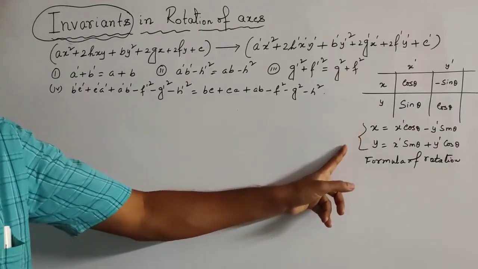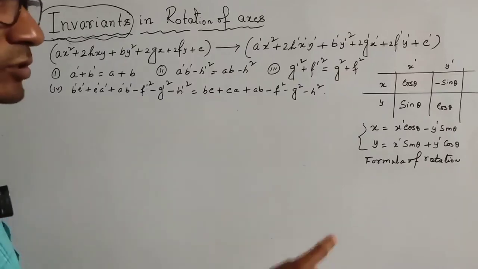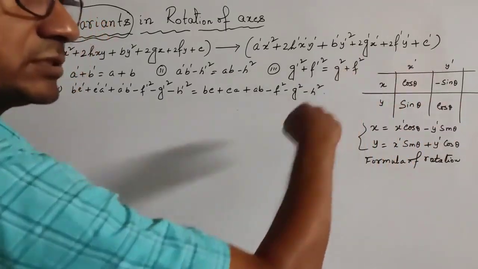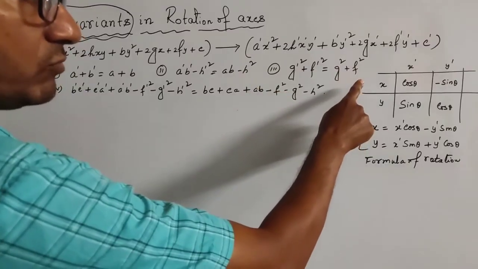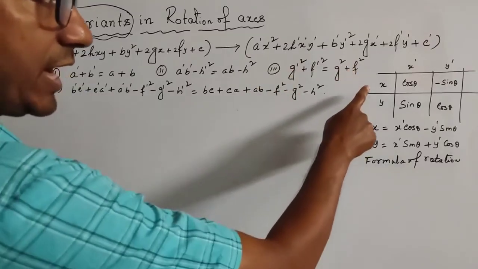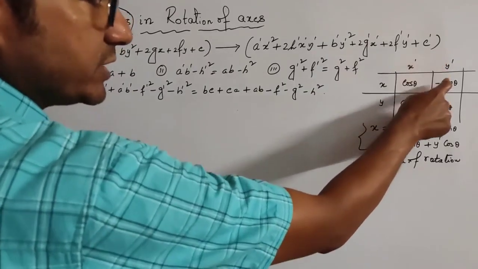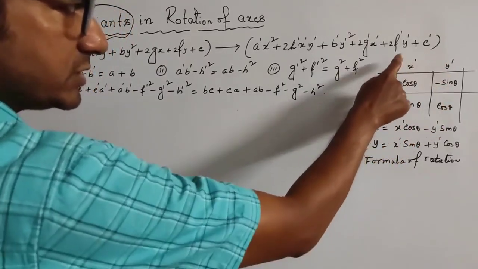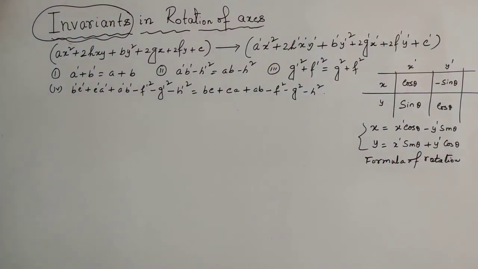Here we write the formula of rotation. We know in the previous class that to remember the formula of rotation, we remember the matrix. We write directly the formula of rotation as x equal to x dash cos theta minus y dash sin theta, and y equal to x dash sin theta plus y dash cos theta.